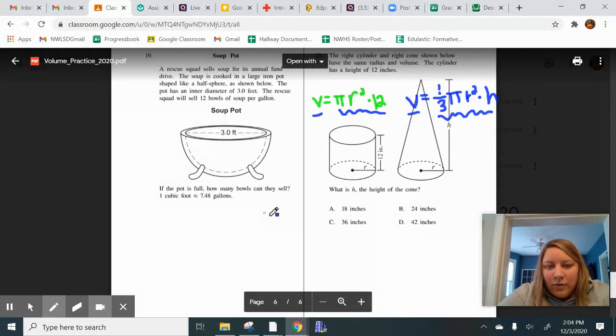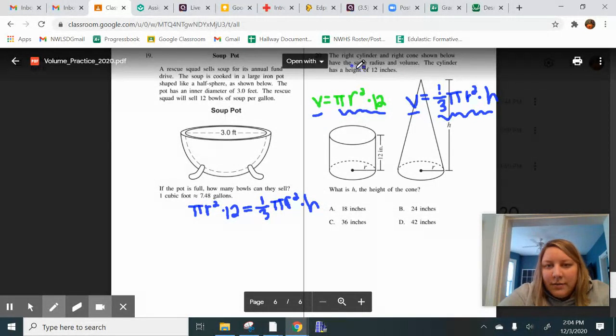So I'm going to write an equation. So I'm going to have pi r squared times 12 equals 1/3 pi r squared times h, right? We're trying to figure out what h is.